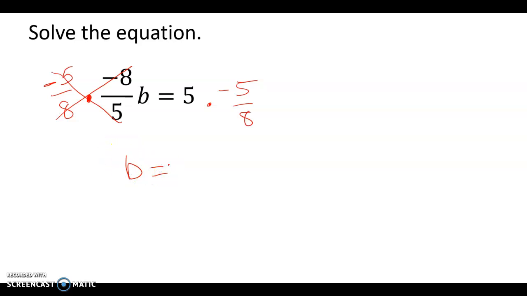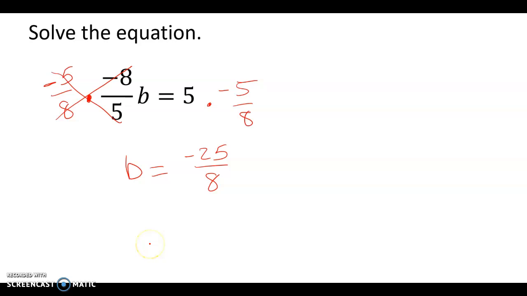And then for the other part, in your calculator, you would go 5 times, then hit the negative 5 fraction button and the 8. So 5 times negative 5 over 8 and equals, so you get negative 25 over 8.